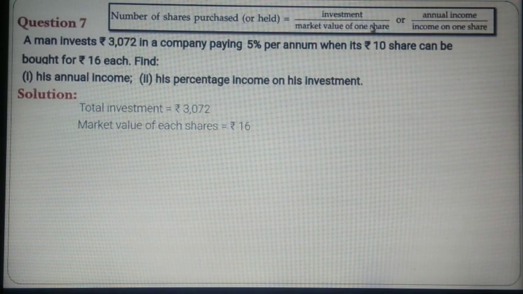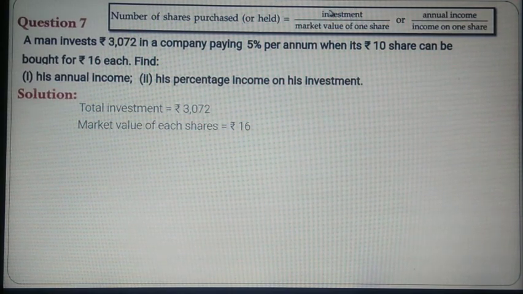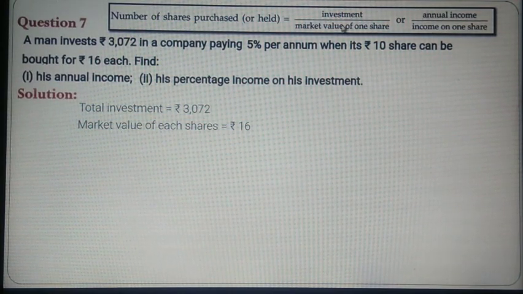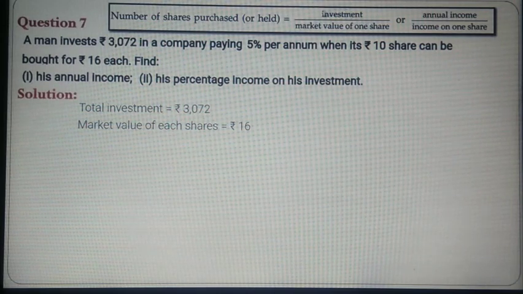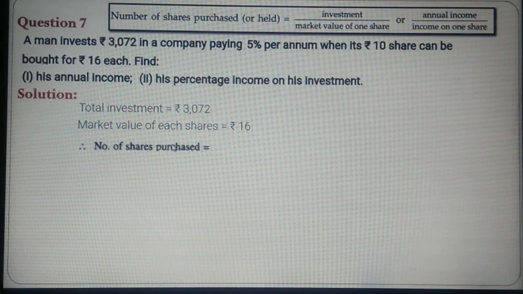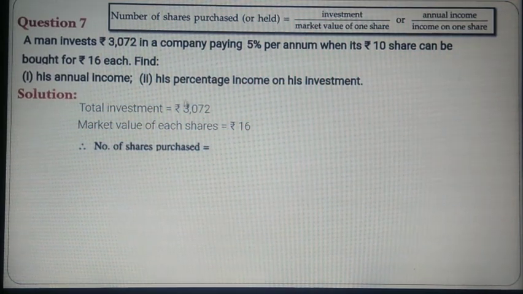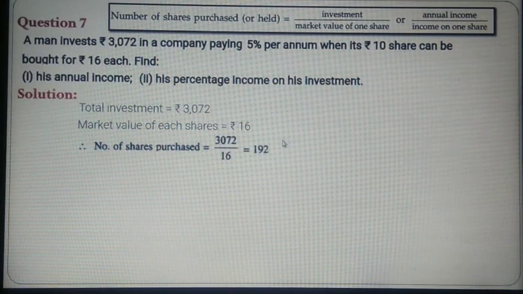But here, since we are talking about investment and market value, we'll make use of this formula. So the number of shares will be equal to investment, 3072, divided by the market value of one share, which is rupees 16. So this will be equal to 192. So this is the number of shares purchased.